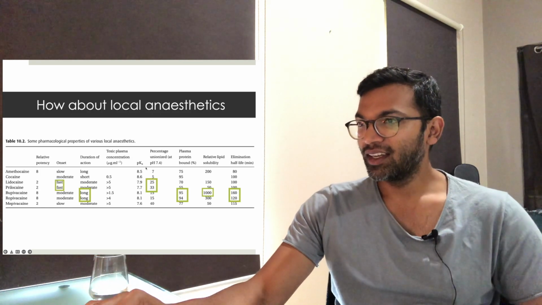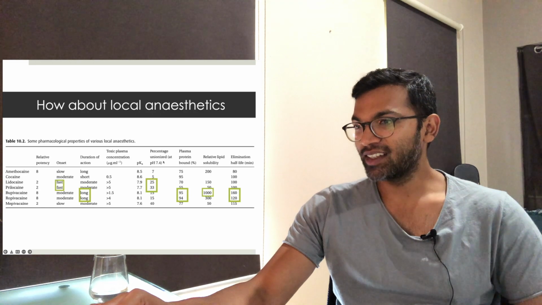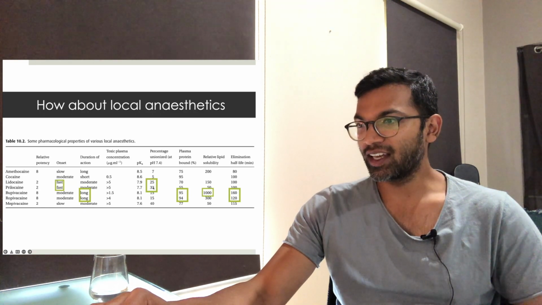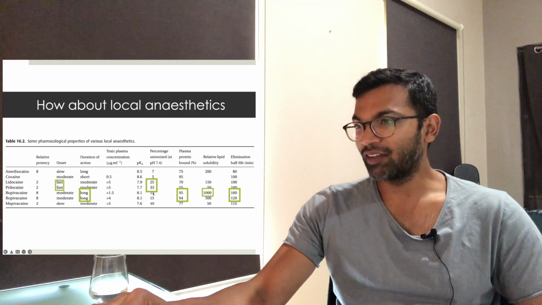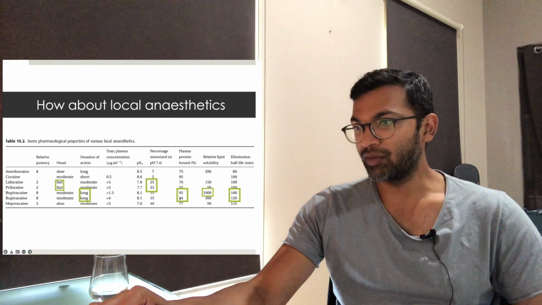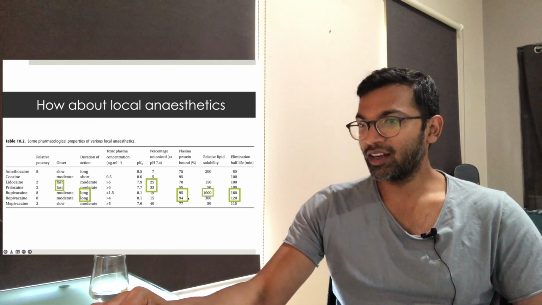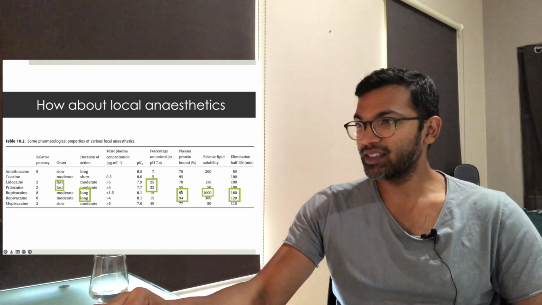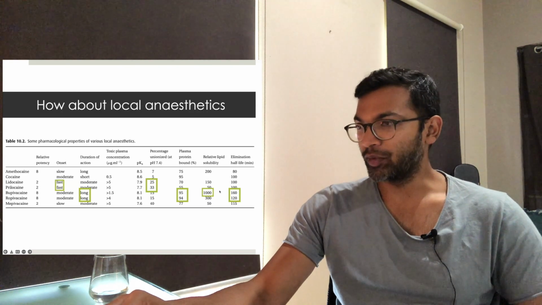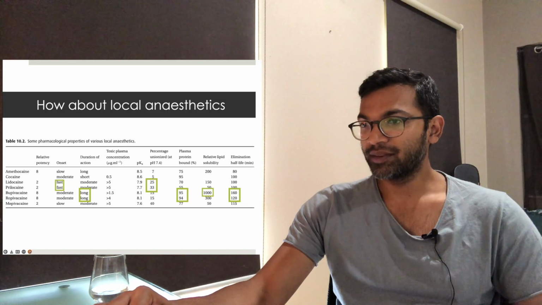Then I've gone straight to percentage ionized, but there's a significant difference: lignocaine and prilocaine have a much higher percentage versus the other ones that we use commonly, ropivacaine, bupivacaine. And then plasma protein bound, 95, 94 for the long-acting ones, with a much higher lipid solubility for bupivacaine and a longer elimination half-life as well.